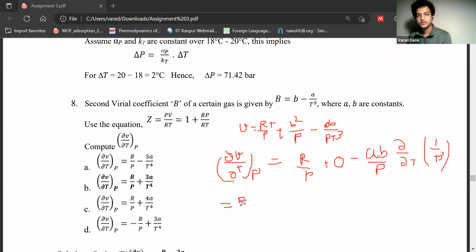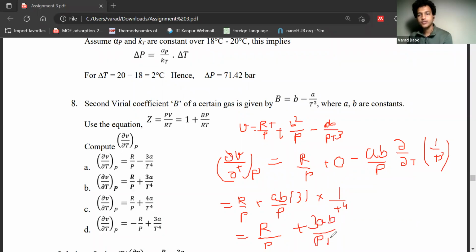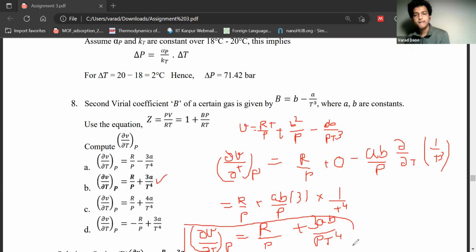This is nothing but R by P plus AB by P into 3 into 1 by T to the power 4. This is nothing but R by P plus 3AB by PT to the power 4. This is ∂V/∂T at constant pressure, right? So this option is correct. Option B is the correct option.